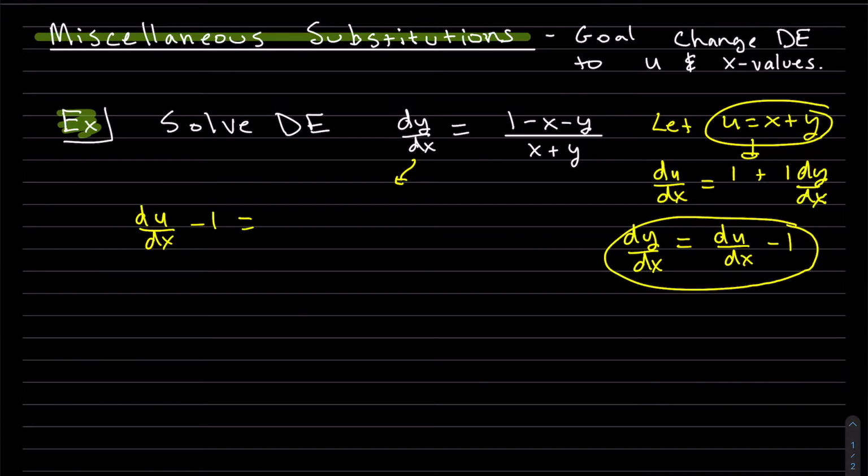We can see x plus y on the bottom becomes u. And if you factor out a negative, we have another u. So let's change that. Well, shall we see if it's separable?